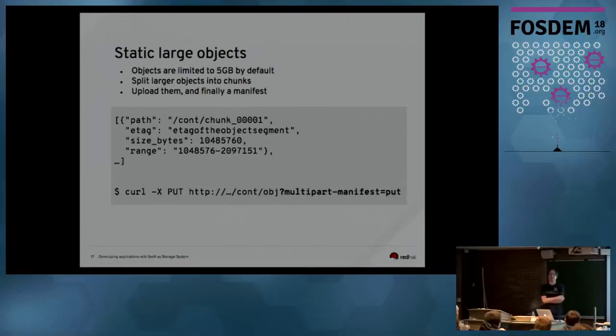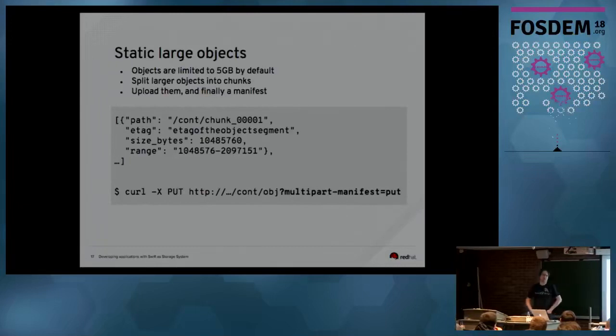Okay, so the question is, if you have a temporary signed URL and you have a cache in front of the Swift proxy server, is there a best practice? Well, the Swift proxy itself will send headers along with a response to not cache this object.